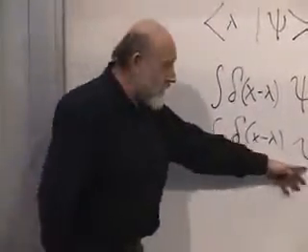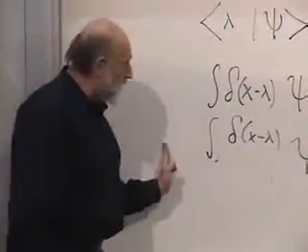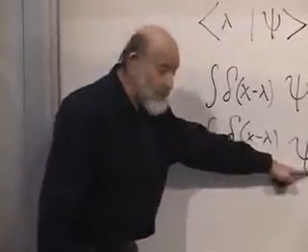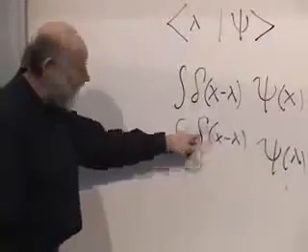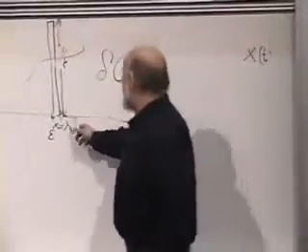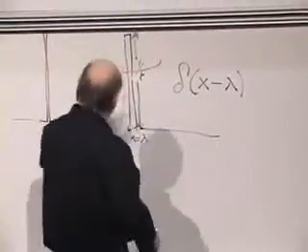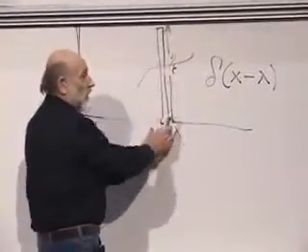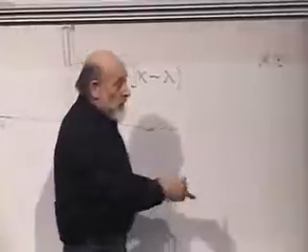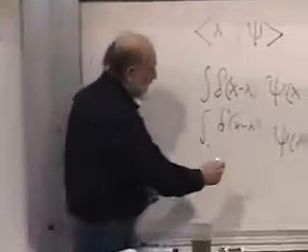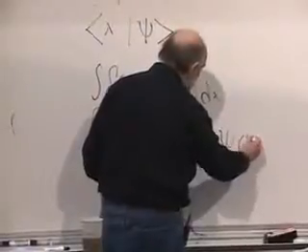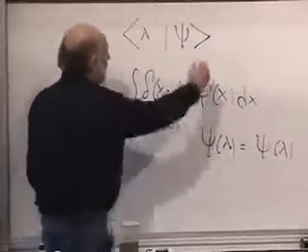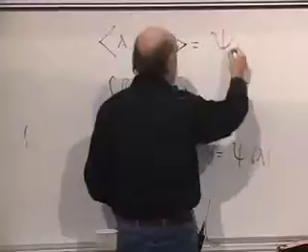Psi of lambda now can be brought outside the integral. This doesn't depend on x anymore. So we bring it outside the integral, and we just have to integrate delta of x minus lambda. The integral of delta of x minus lambda is 1 because I've defined the area under the function to be 1. So we just read off from this that this is equal to psi of lambda.